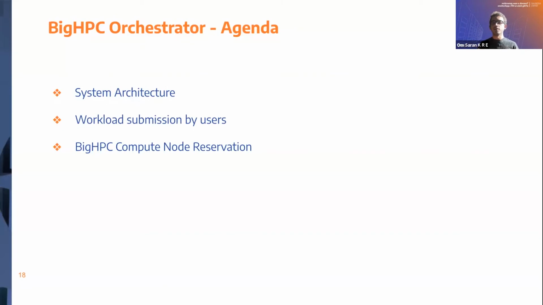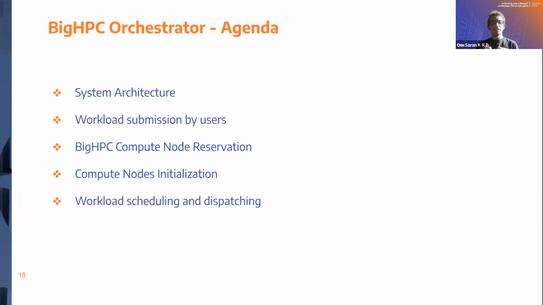We do something known as node reservation so that we can easily integrate with the existing HPC infrastructure that's already present. Then once the nodes are reserved, we'll see how the nodes are initialized before they are ready to use for the BigHPC applications. Then we'll also see how the workloads submitted by users are scheduled, dispatched onto the compute nodes and executed. So that's what we'll be looking at today at a high level.